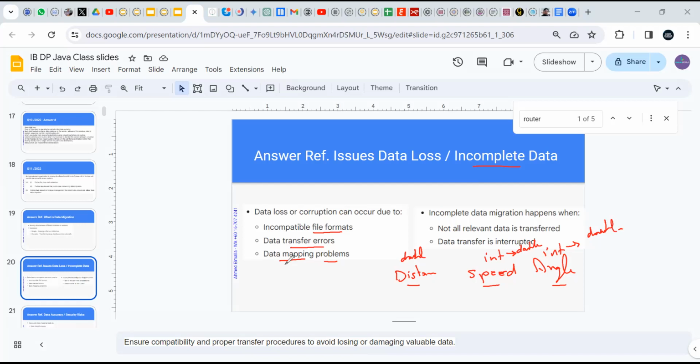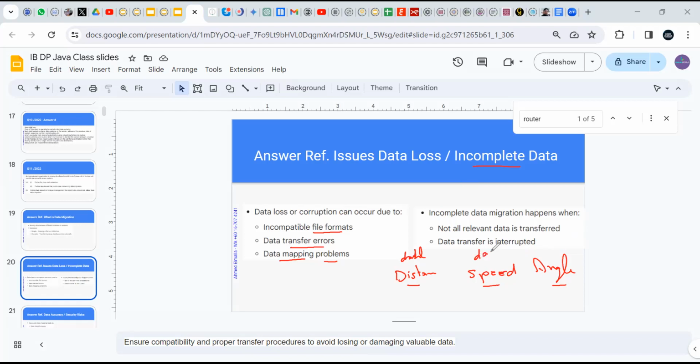So this is what we call a data mapping problem. It means that when the data is mapped from integer to double, there could be an issue. Or even the opposite, if we use double at the start, this would be clearer.